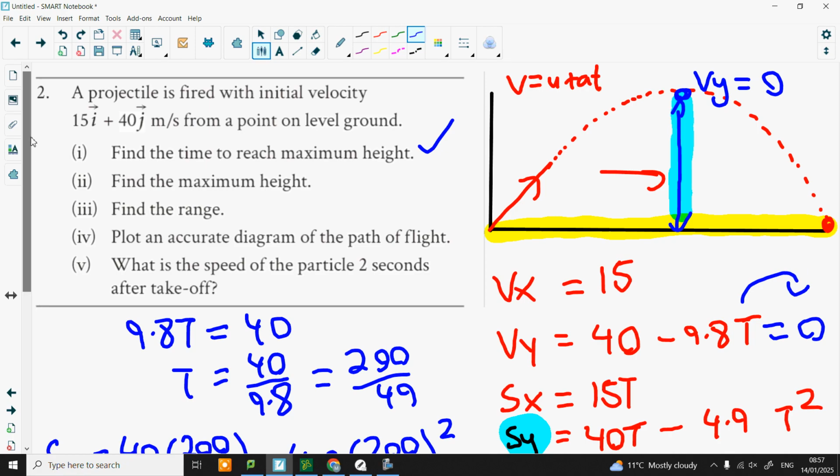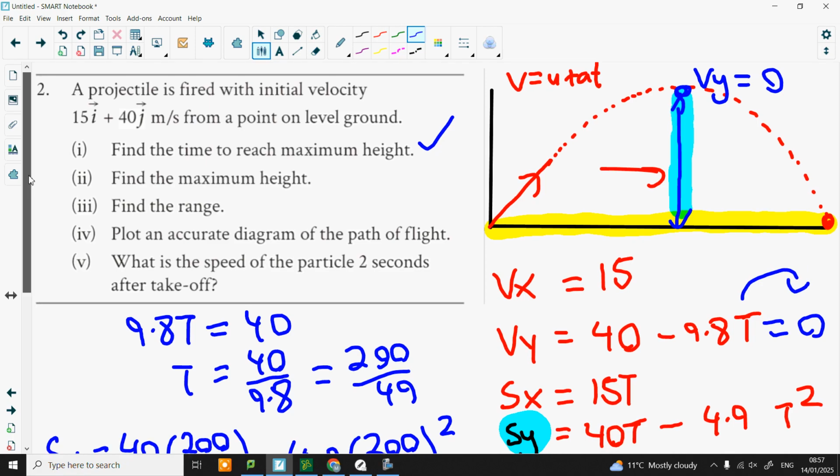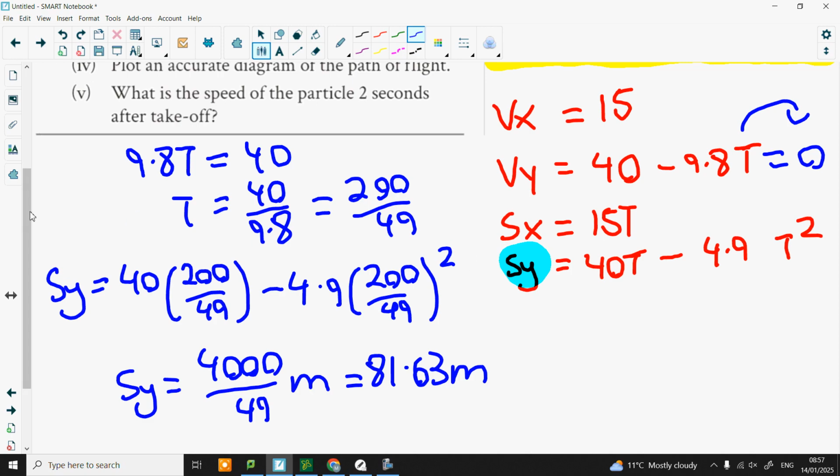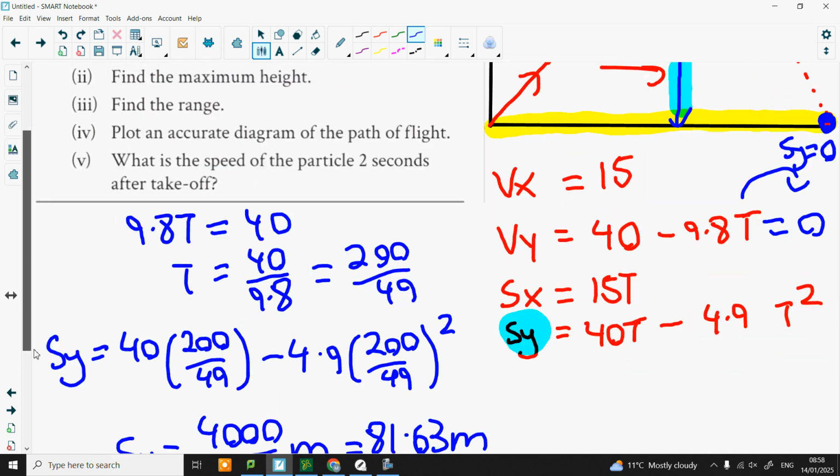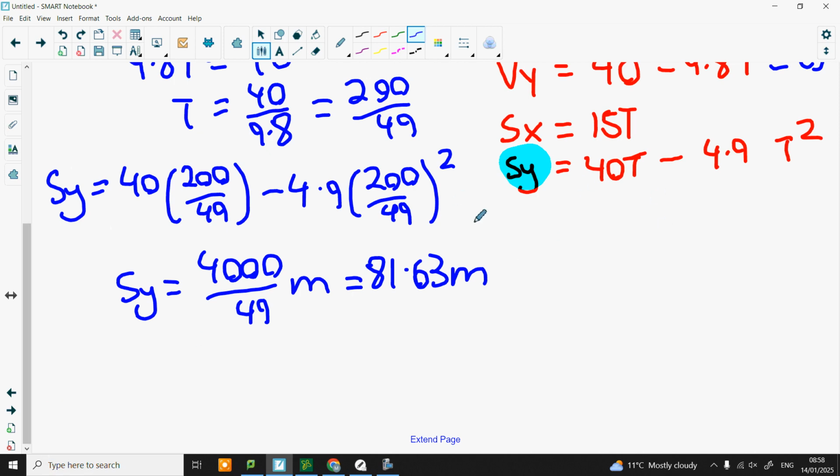Okay. Now, there's two ways you can do it. The first way is you can say that when you hit the ground, the SY value is 0, because you're on the ground level again. So your SY value is 0, isn't it? So you go to your SY equation, and you replace SY with 0, yeah?